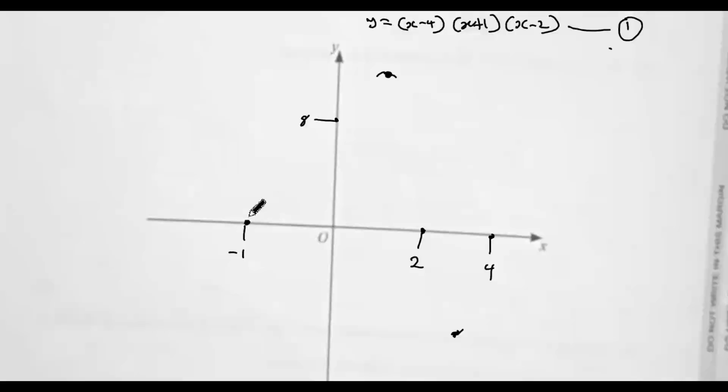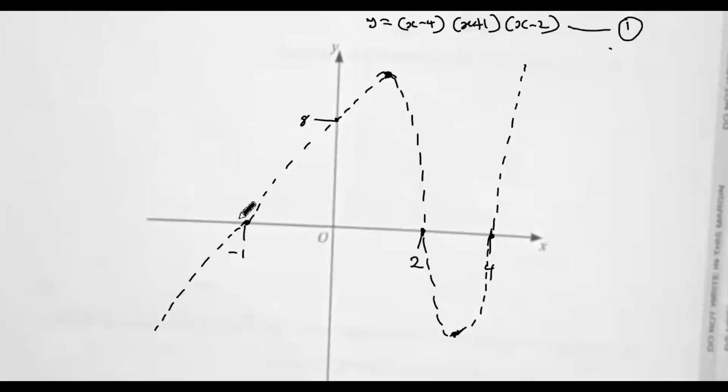So I have joined these points, this point to this point, to this point, to this point, and to this point. So that is the curve.